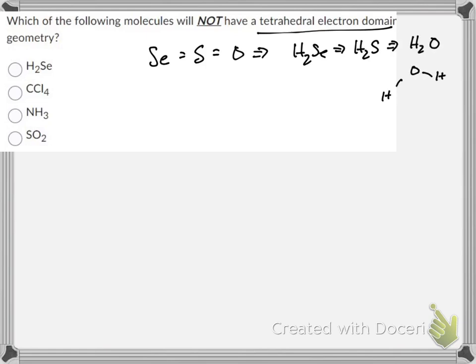So that's definitely a tetrahedral electronic geometry. It only has single bonds around the central atom and 2 lone pairs. So tetrahedral electronically, but bent molecularly. Any carbon-containing molecule with 4 single bonds is going to be a tetrahedron.